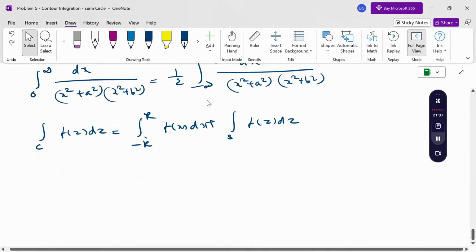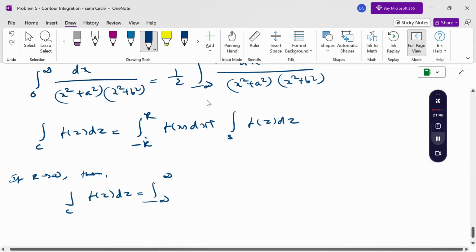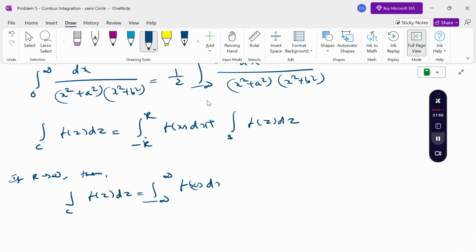So if R tends to infinity, then integral over C of f of z dz equals integral from minus infinity to plus infinity of f of x dx plus this term, which is 0 when R tends to infinity. If R tends to infinity, then integral over the semicircle of f of z dz tends to 0.